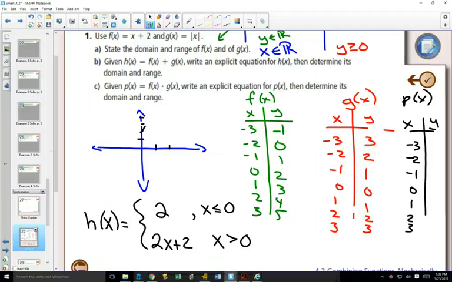If you take negative 1 times 3, this would be negative 3. 0 times 2 would be 0. 1 times 1, 1. 2 times 0, 0. 3 times 1 would be 3. 4 times 2 would be 8. And 5 times 3 would be 15.